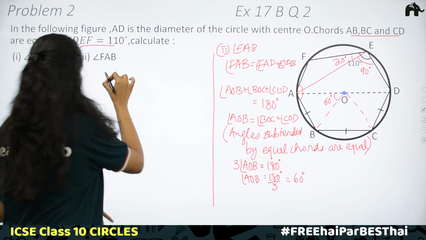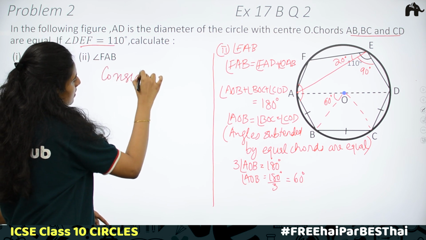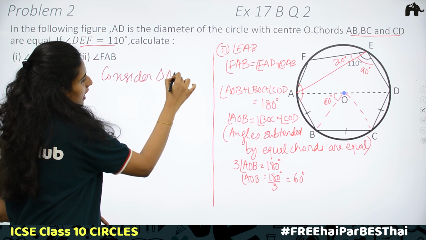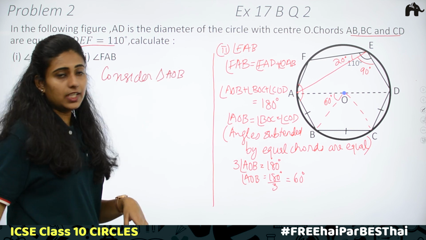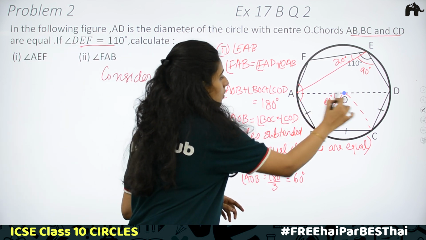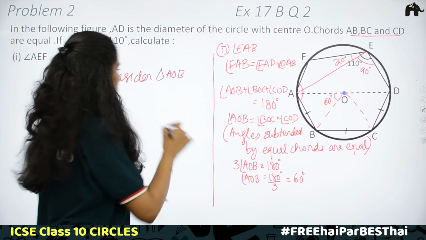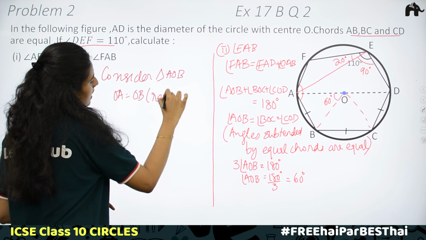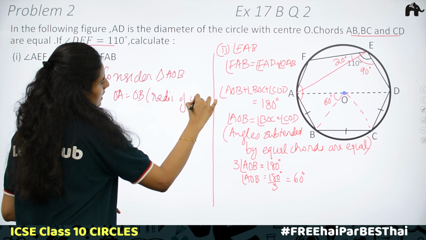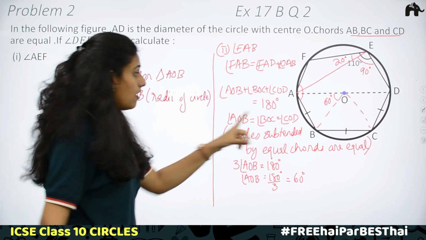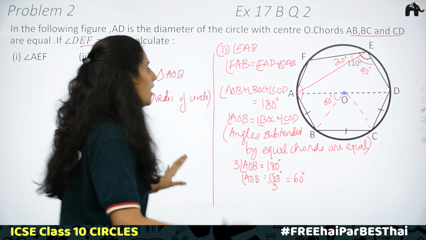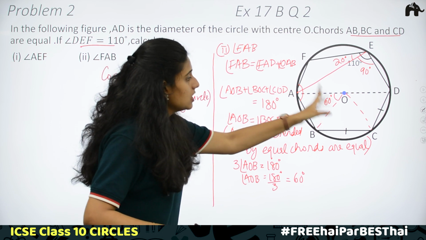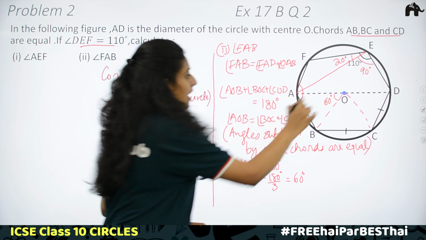Okay. Now, consider triangle AOB. In triangle AOB, we have OA equal to OB, because they are the radii of the circle. Radii of a circle will be of the same length. Therefore, the angles opposite to equal sides are equal.